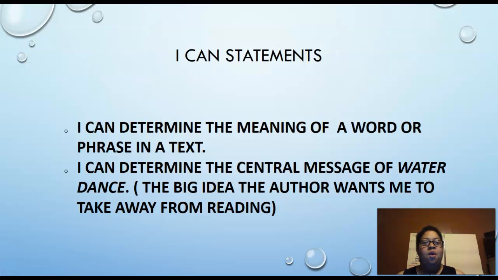Now, our I can statements are, I can determine the meaning of a word or a phrase in a text. Say that with me. I can determine the meaning of a word or a phrase in a text.